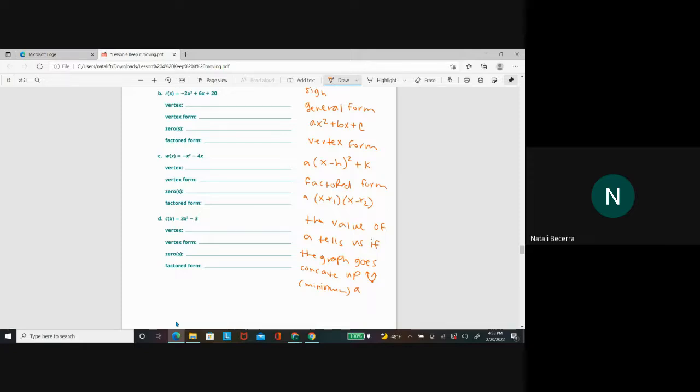Up if a is greater than 0, or opens down if a is less than 0. And if it opens down, then your curve is at the top, meaning that that is a maximum. Okay, so these are the things that are important for you to know. Now we can go ahead and start filling this stuff out.